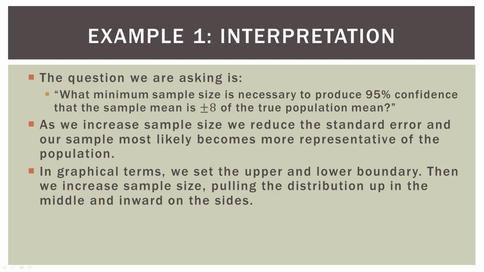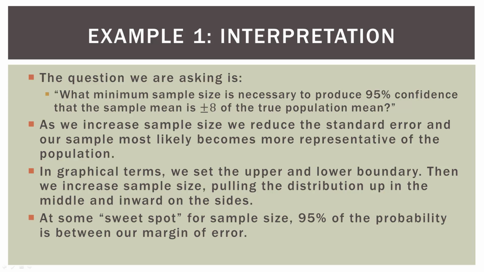So what that means is that we're pulling the distribution up in the middle, and it comes in on the ends. Think about pulling up a bed sheet. If you grab it in the middle and you pull up, what happens to the sides? Well, they move inward, to where you're pulling it up in the middle. So when we increase the sample size, that's actually what we're doing to the distribution. We're pulling it up in the middle and pushing it in on the ends.